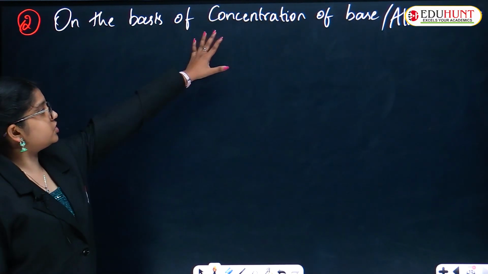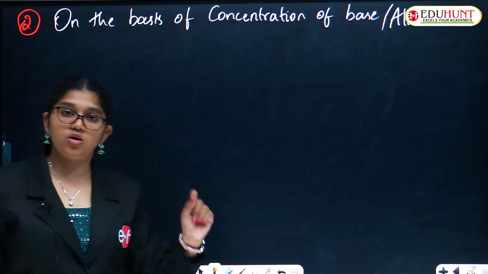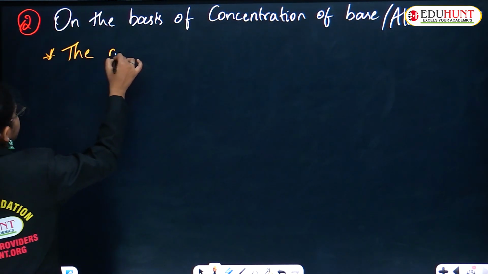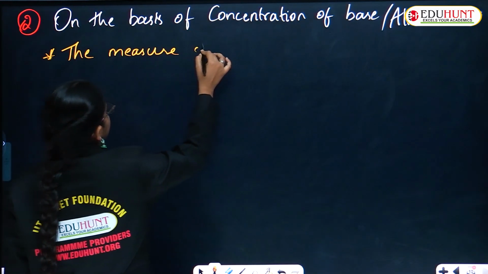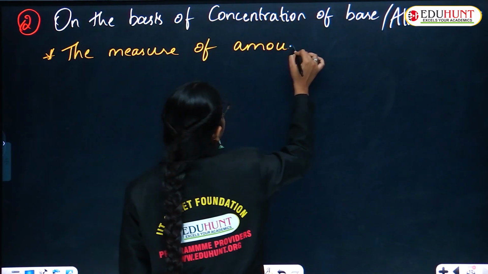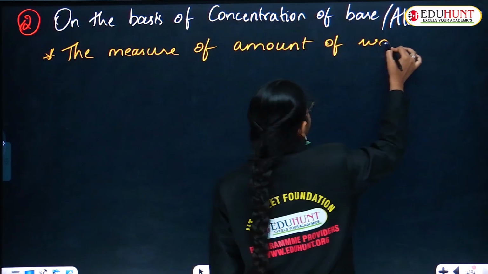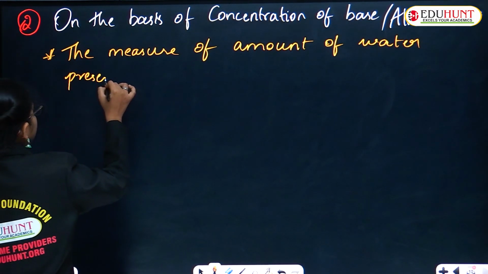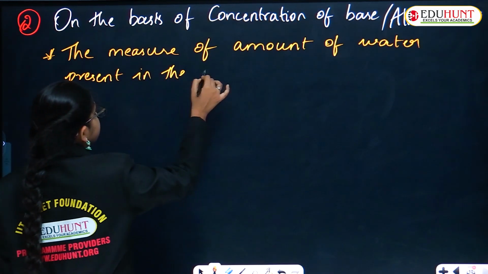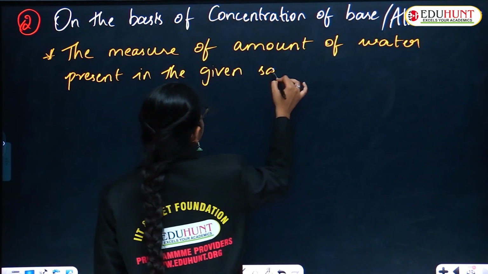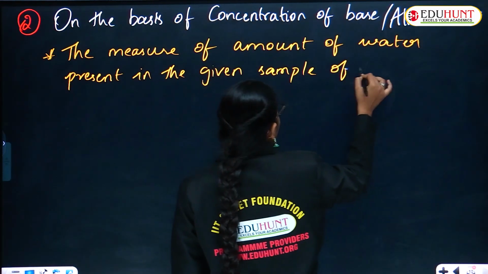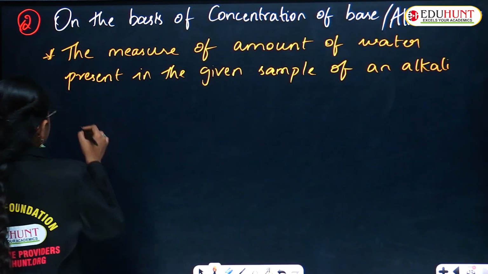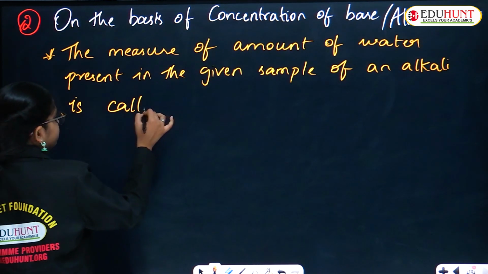Children, concentration gives the amount of water content. So we can write like this: the measure of the amount of water present in the given sample of an alkali is called concentration.